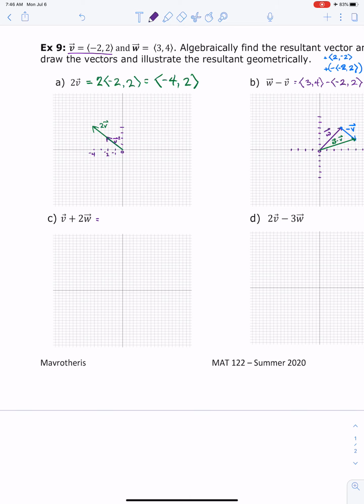So again, my v is negative 2, 2. I don't try to do a lot in my head. I'm going to write everything down. w is 3, 4. When I combine those, I get negative 2 plus 6, which is 4. I get positive 2 plus 8, which is 10.